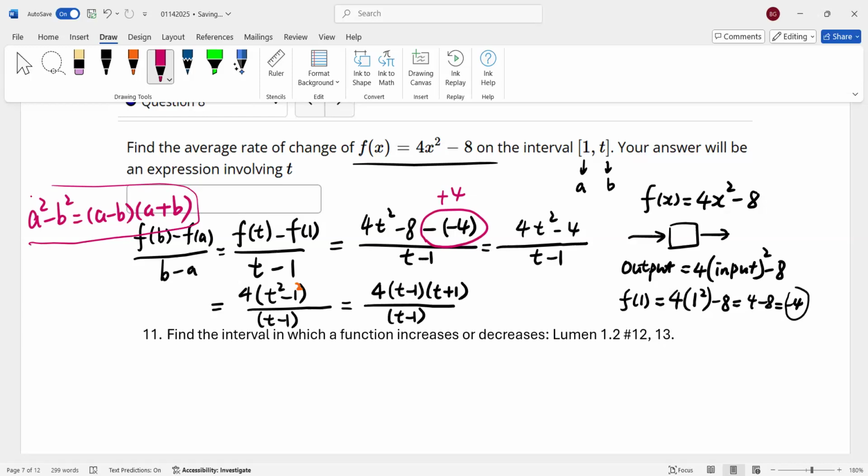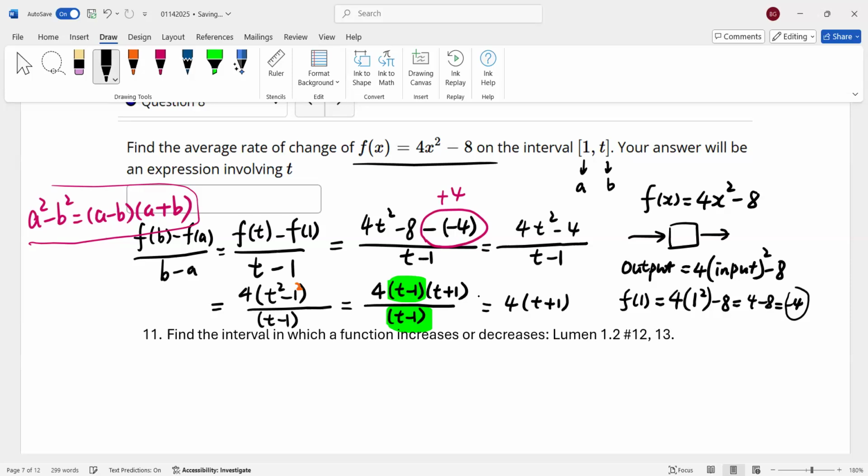This is a difference of two squares. It's a special binomial. We can use the formula to factor it. We can factor it as t minus 1 times t plus 1. And as you can see, those two binomials can cancel each other, right? This one and this one, they cancel each other. So the result is 4 times t plus 1, and that's it.